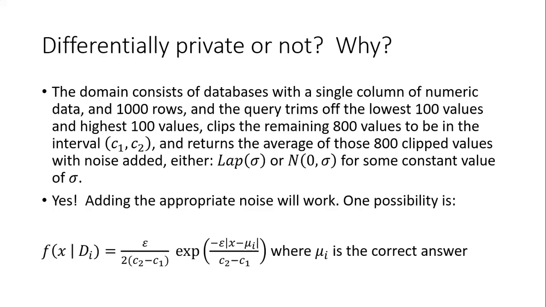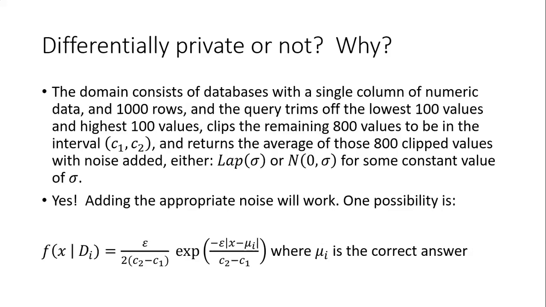The difference is that now I know that if I have database D1 and database D2 that differ on at most one row, then the maximum difference between that one row's values is C2 minus C1, right? Let's make it heights of people. Heights aren't really normally distributed, because nobody has a negative height.